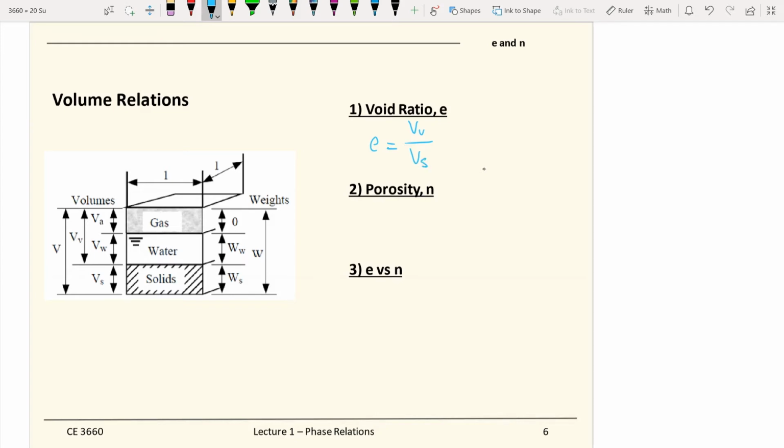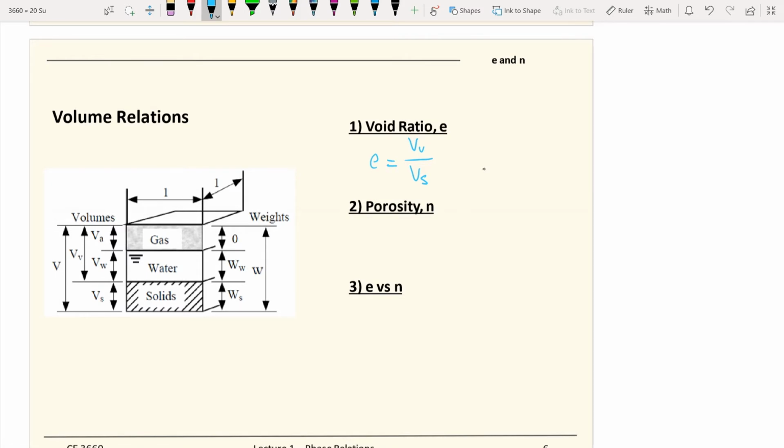The volume of void is the volume of the air plus the volume of the water. When that is normalized by the volume of solid, that gives you the void ratio. The typical range for the void ratio is between 0.5 and 1.2. So those are common soils.